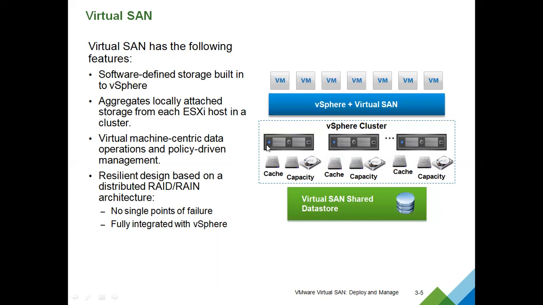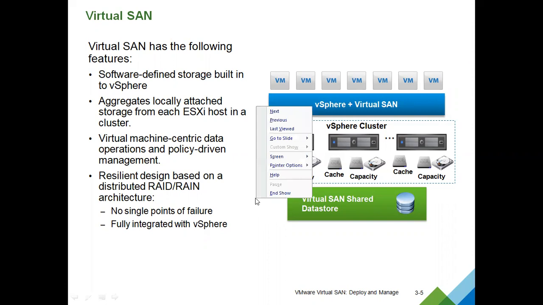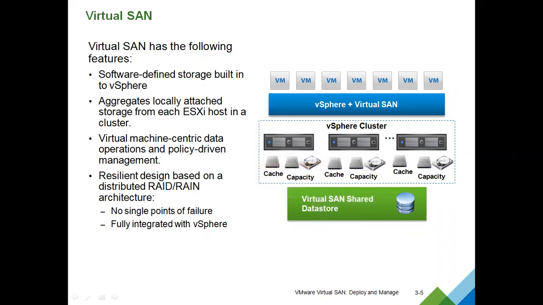So virtual SAN presents aggregated storage that is available locally on each and every ESXi host that you are using in the vSphere environment. What it's going to do is collect and merge all the available storage and present it in the form of a single data store. Like you can see, there are a number of disks here.